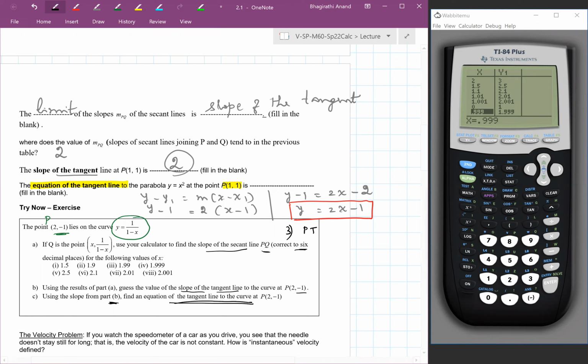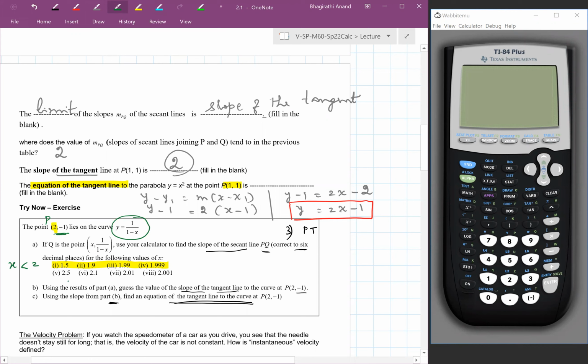You notice that this set of values is increasing from 1.5, approaching the value 2. It starts at 1.5 and steadily increases to the value 2. 2 is the point where you want the tangent. These values are smaller than 2.